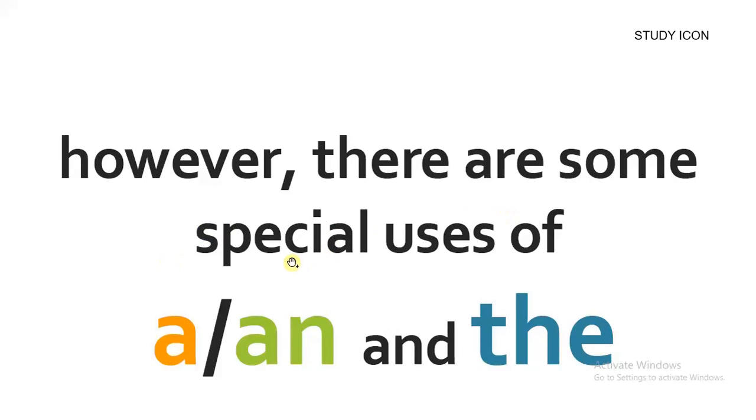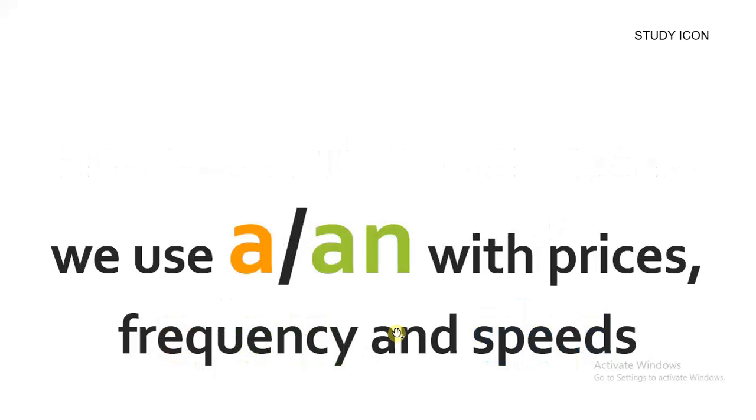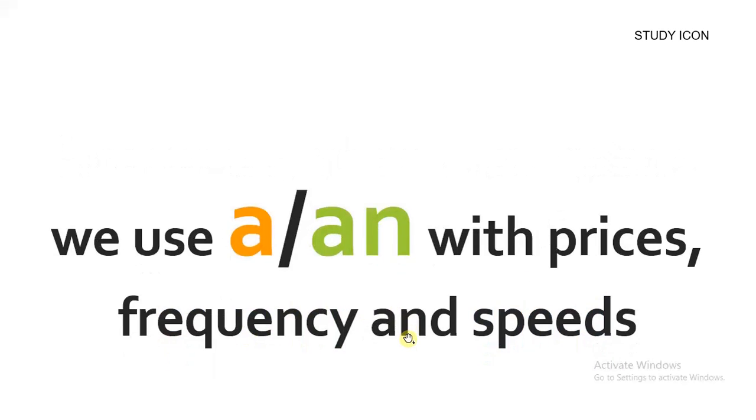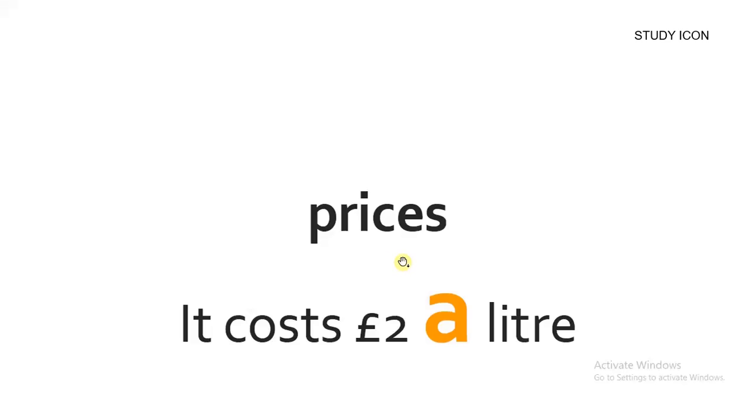However, there are some special uses of a, an, and the. Like we use a and an with prices, frequency, and speed. Prices, like it costs 2 euros a liter. It means the price or cost of a liter is 2 euros. So here we are using a liter.